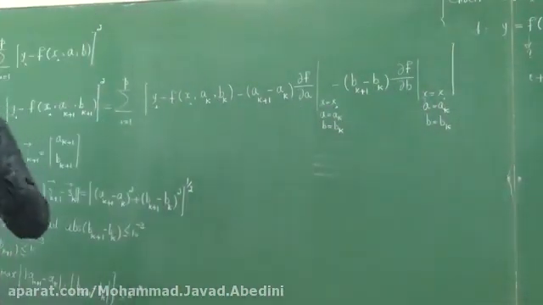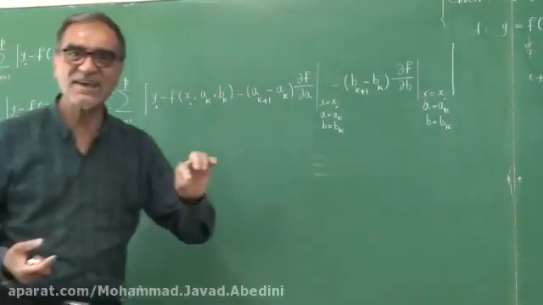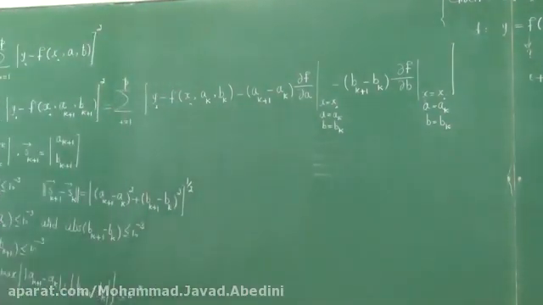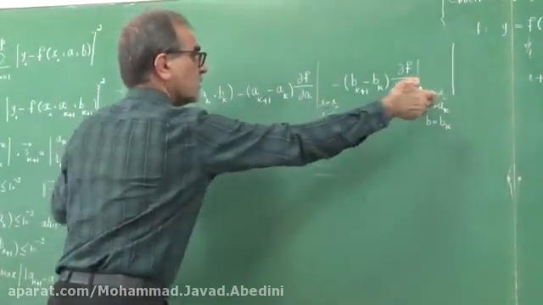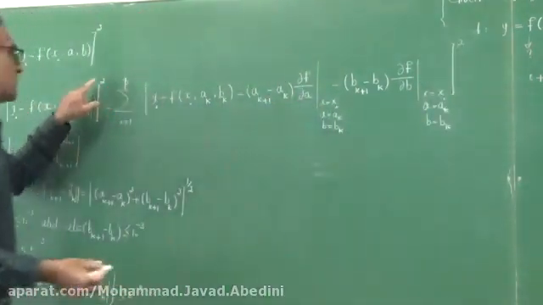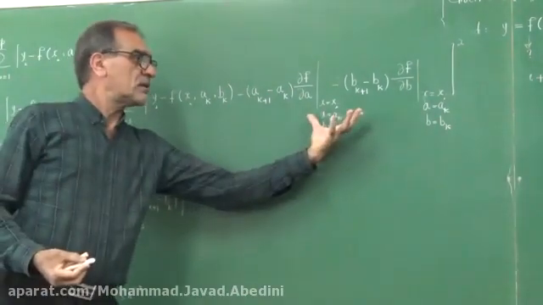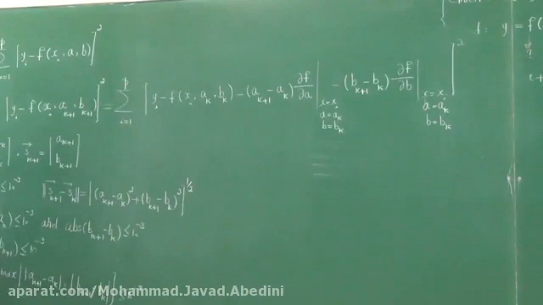Your objective function will become linear with respect to A_{k+1}, B_{k+1}. This part here, of course, you have to put 2 here. This 2 is again the same as this 2 here. The terms inside this bracket are linear with respect to A_{k+1}, B_{k+1}.